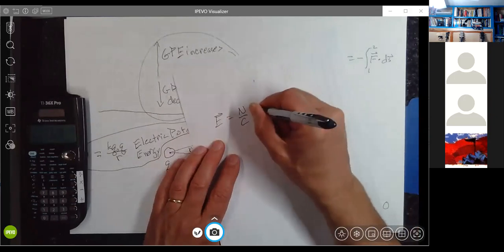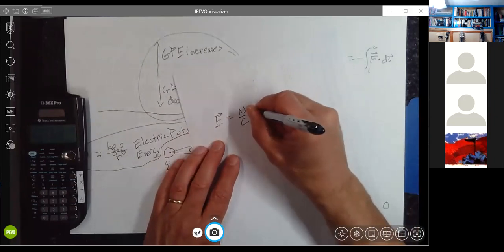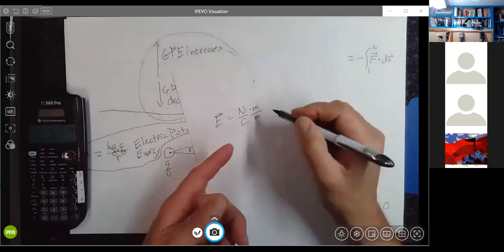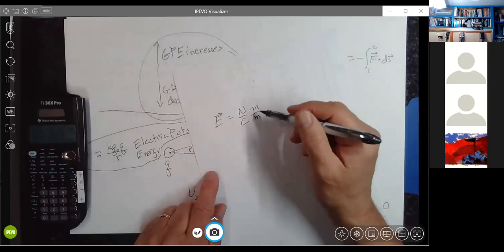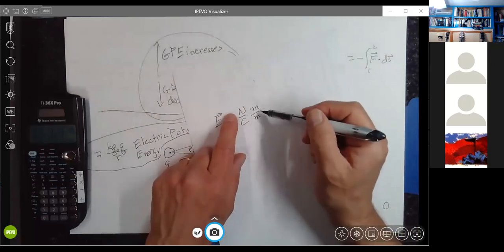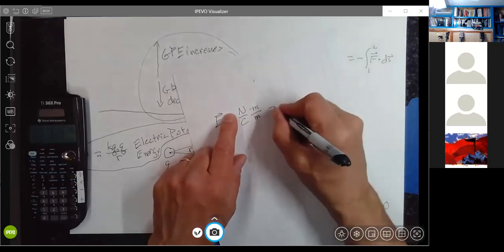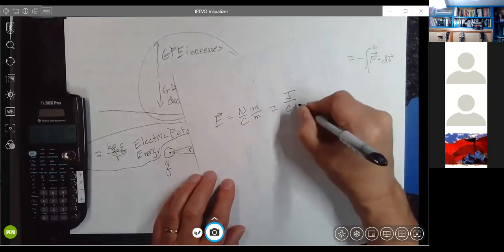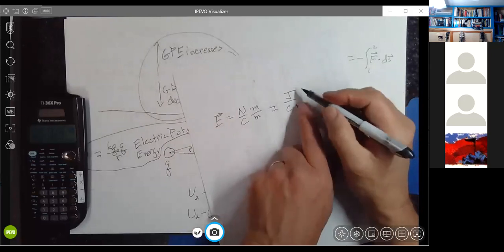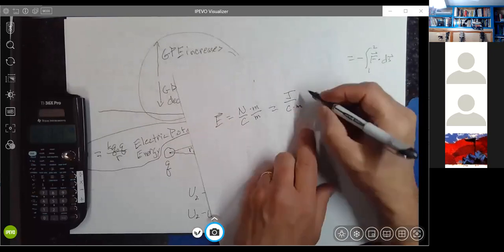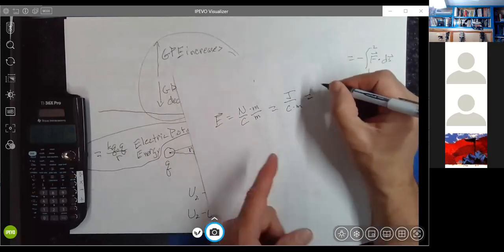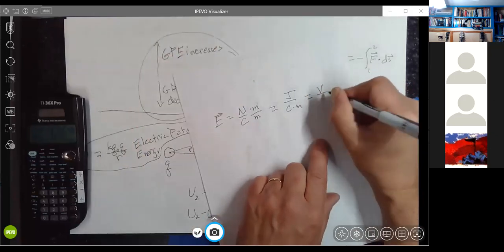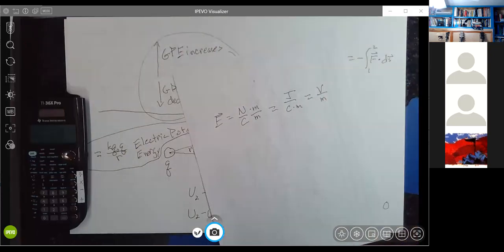If you multiply top and bottom of this by meters, you're not changing the units because meters over meters is just 1, but a newton meter is a joule, and so you would get joules per coulomb meter, and a joule per coulomb is a volt. So the electric field units that we sometimes write as newtons per coulomb could also be written as volts per meter.